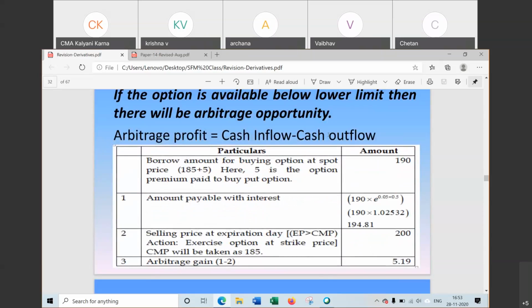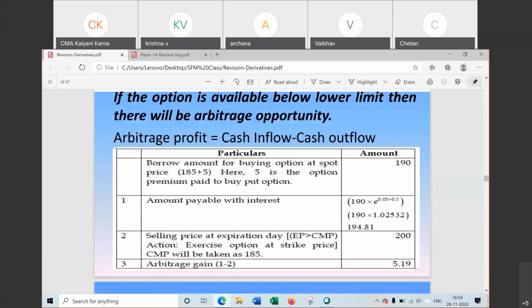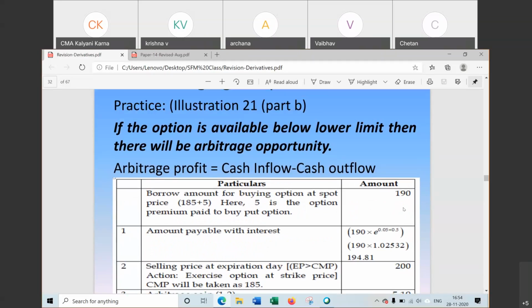Arbitrage is cash inflow minus cash outflow. In this case, cash inflow is 200, the selling price, because it is a put option. Cash outflow is 190 plus interest, which is also given.